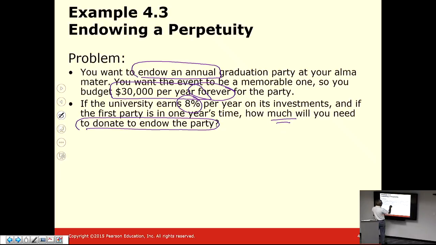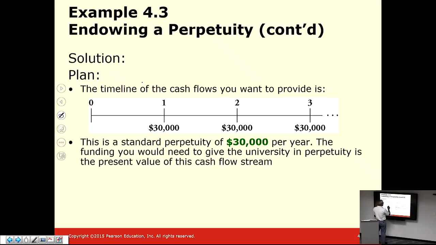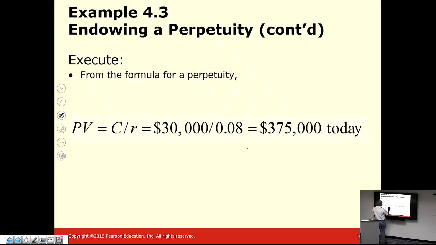Of course, you are donating now so that it can earn a cash flow stream of $30,000 per year. So here is your cash flow stream of $30,000 per year into perpetuity, and the present value of that would be 30,000 divided by R. R is 8% or 0.08, which means you have to donate $375,000 today to convert that into a perpetuity of $30,000 per year.